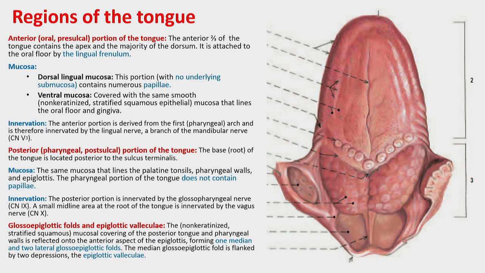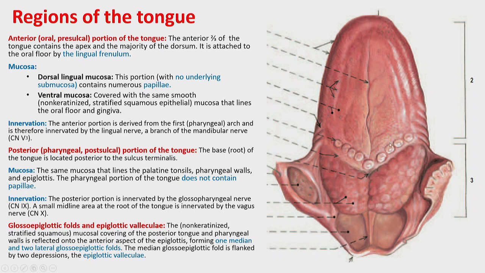For example, if you have a cat and you touch its tongue, it's very rough, and this is because of the papillae that you can find on the surface of only the anterior two-thirds of the tongue. The posterior one-third, which is the pharyngeal or postsulcal portion of the tongue, doesn't have papillae, it has just the lingual tonsil.